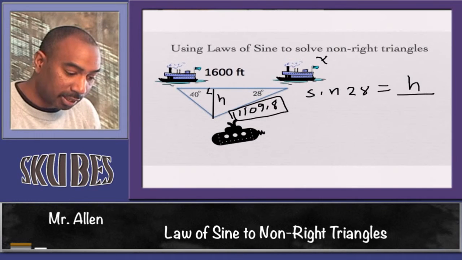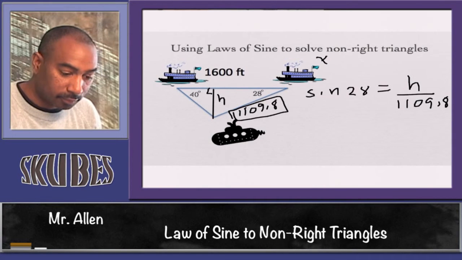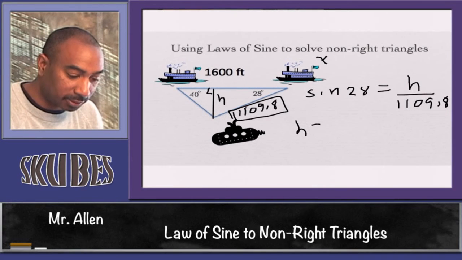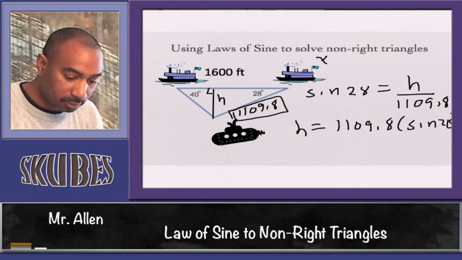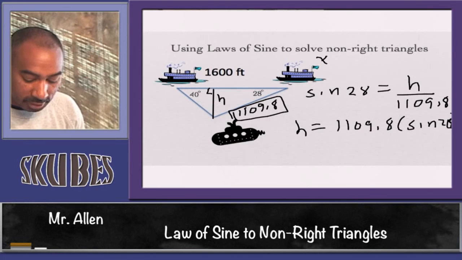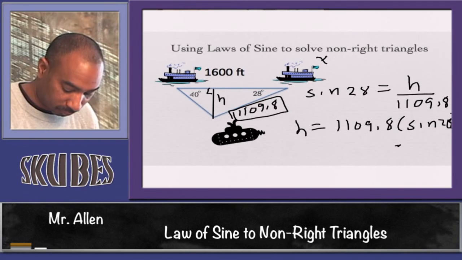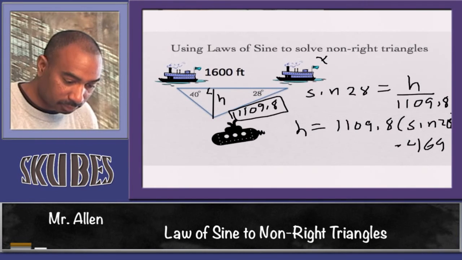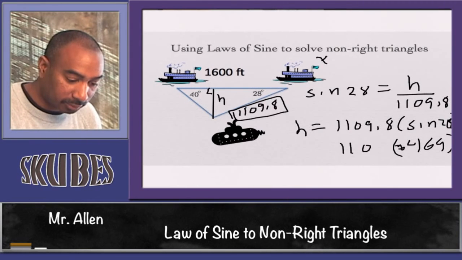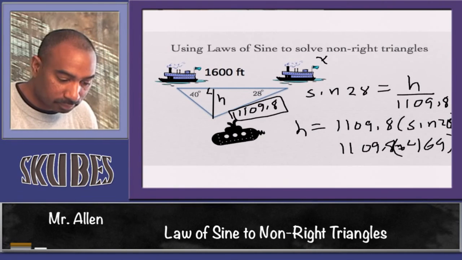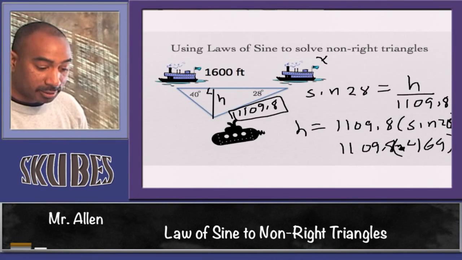So my hypotenuse in this case will be this amount. And h is going to be the sine of 28, which is roughly about 0.469, multiplied by 1,109.8.